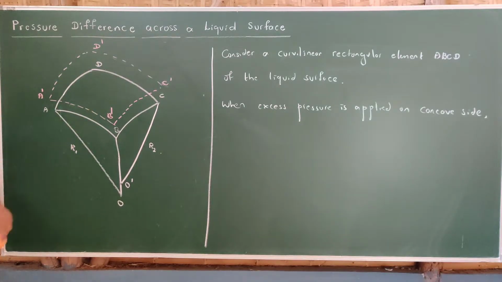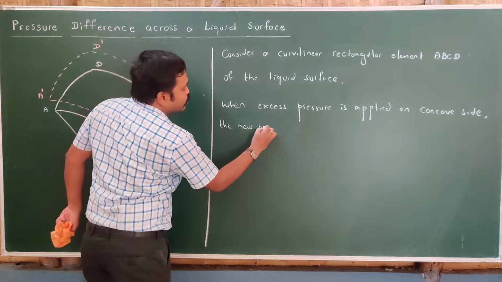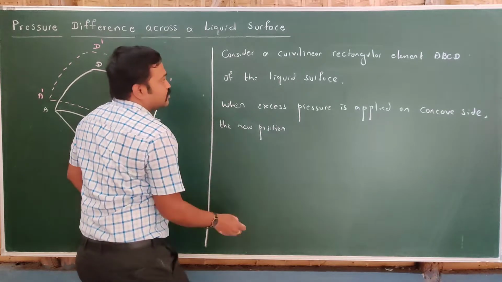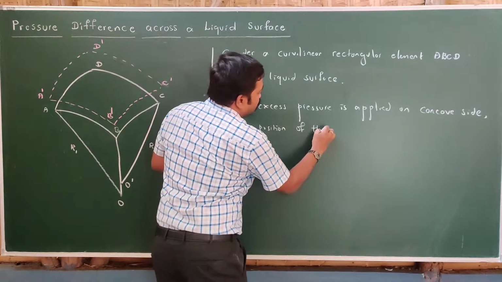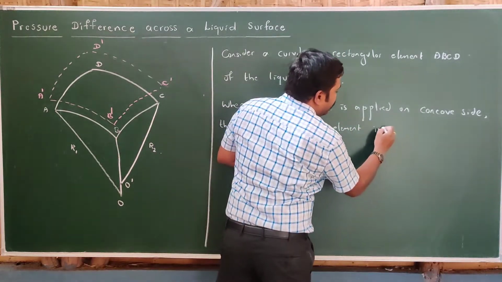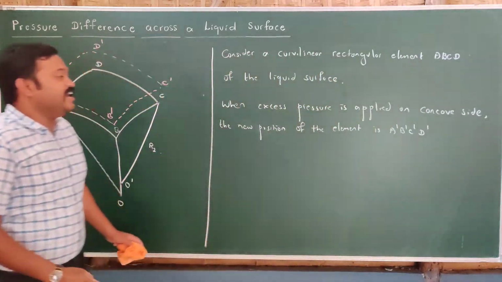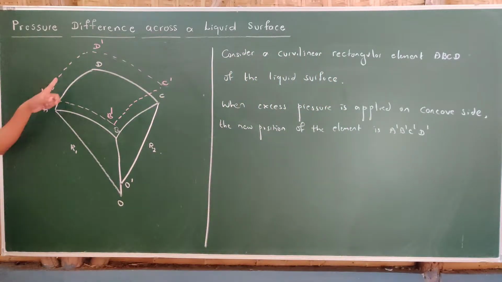See, when excess pressure is applied on the concave side, the new position of the curvilinear rectangular element is A dash, B dash, C dash, D dash. I have considered a curvilinear element ABCD of the liquid surface.